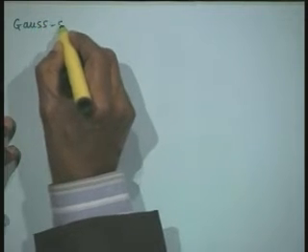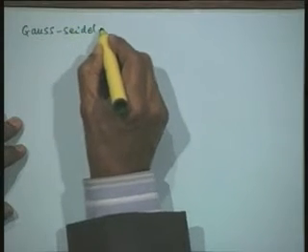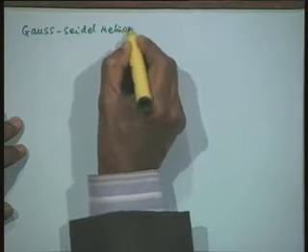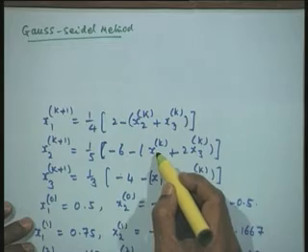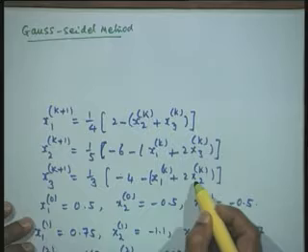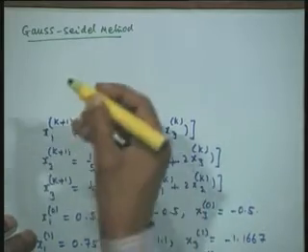Now, let us take the Gauss-Seidel. So, let us do Gauss-Seidel. Whatever we have written here will now be rewritten, except that here we will have x 1 k plus 1 and here both of them will be at k plus 1th iterate. So, let us rewrite this system.